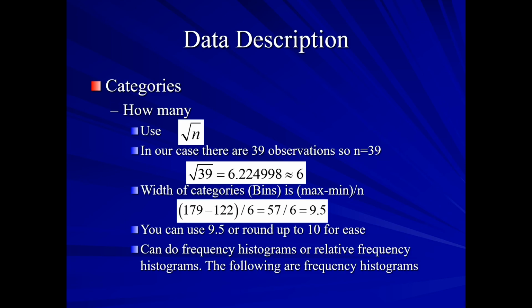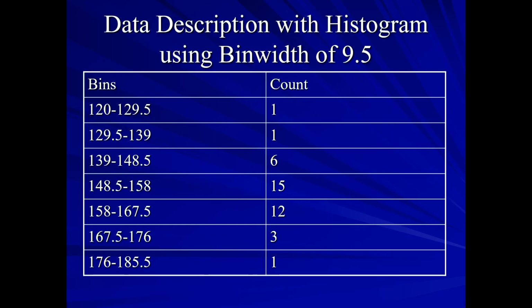The ones I've created in these slides are frequency histograms. First, let's take a look at how we're going to get our counts in our bins. We're going to use a bin width of 9.5. Now, let's start at 120, and we'll go to 129.5. And in that bin, there is one count. From 129.5 to 139, there is one count.